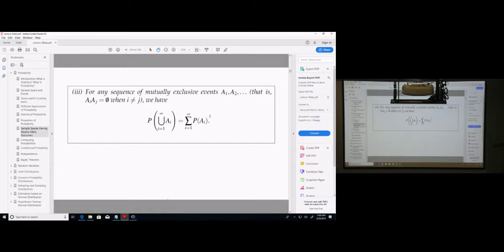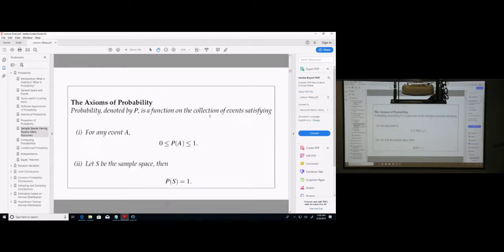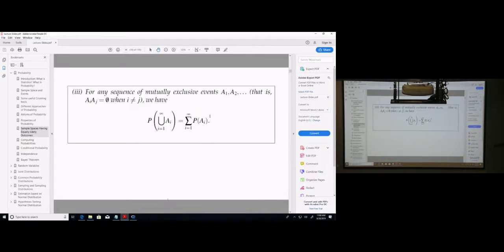Since P is a function on events, P says something about the probability of B. The left-hand side says I go back to this function and find out this probability. On the other hand, I also have the probabilities of the individual parts. If I add them up, the two answers have to agree because the parts have no common outcomes. So this is the consistency requirement.